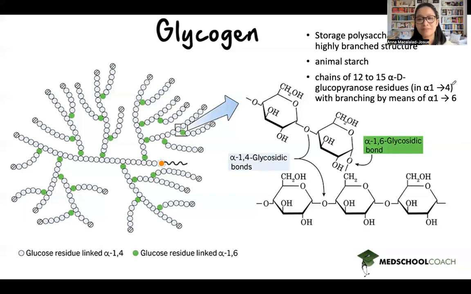Okay? So this is your branch, alpha-1,6. And in between the glucose residues, the non-branching part would be your alpha-1,4 linkages or glycosidic bonds. Okay.